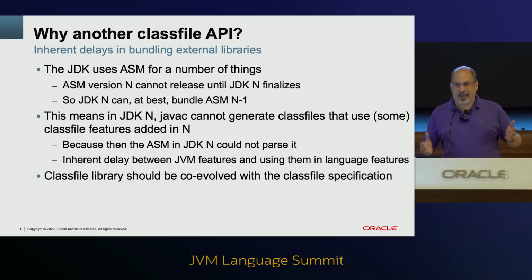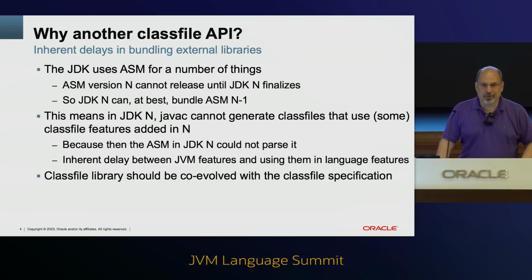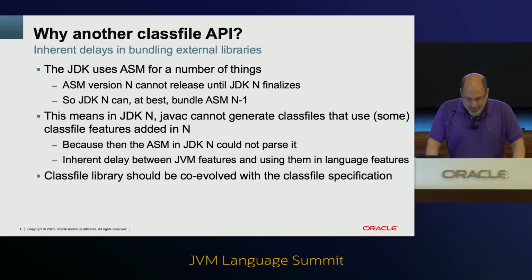So JDK N can't bundle the version that supports JDK N. So at best, it can bundle the version that supports JDK N-1. And that means we can't use some of the new JVM features that were introduced in that version of the JDK in the language translation. We have to wait until the other parts of the JDK that use ASM to parse class files can deal with it.